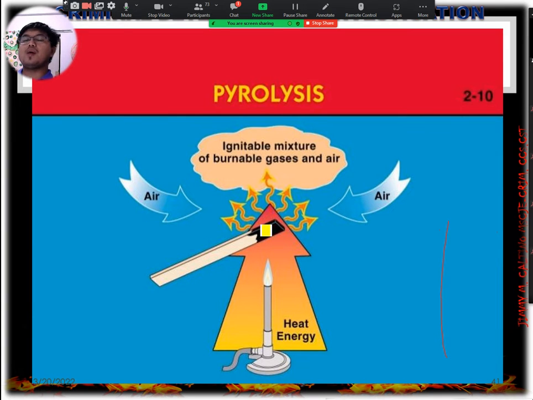Nagpapalit anyo siya. Sabi nga natin kanina, they must undergo pyrolysis. So yan, hihigop siya ng hangin muna. Combination of the vapors and oxygen. You have there the oxidizer, oxidation. Then, it will just produce burning or ignitable gases.